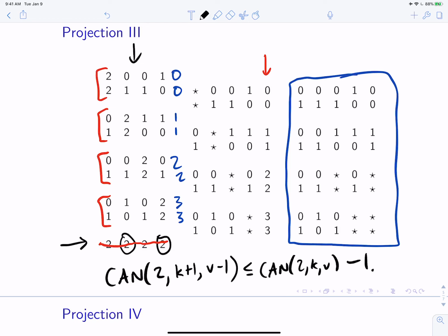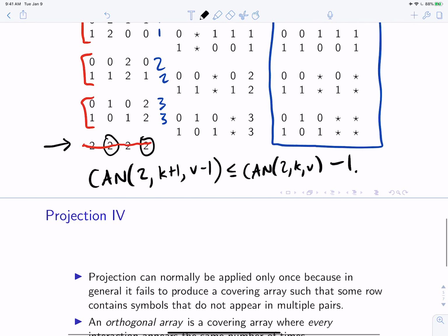Sorry, what was your question? My question was, so to find the ideal value for some t, k, v covering array, you just take another covering array with some specification bumped up or bumped down. Yeah. Right, yeah.